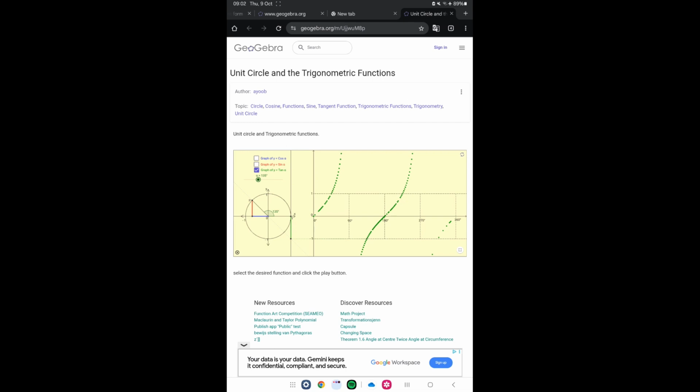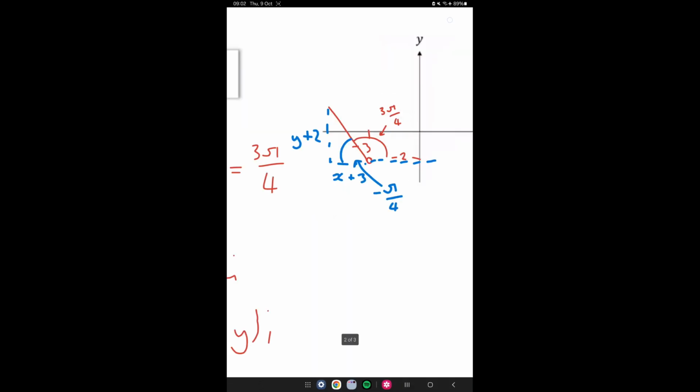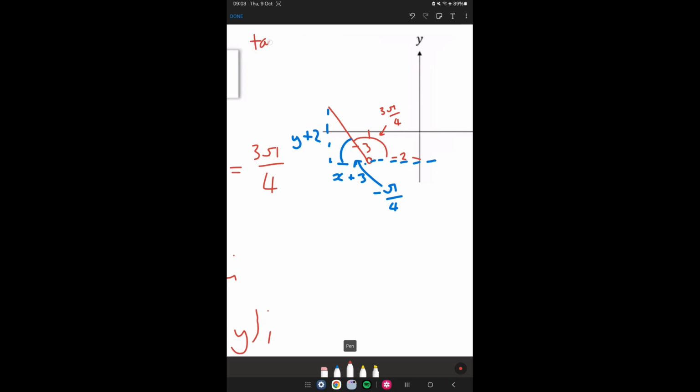So if we're looking at the acute and obtuse angle, if I just pull it back up, coming back here, 3 pi over 4 is basically going to give me the same thing. Tan of 3 pi over 4 will give me the same thing as tan of minus pi over 4. They will give me the same value just because of how the tan graph works.